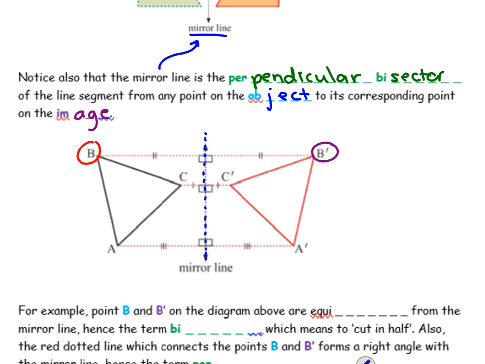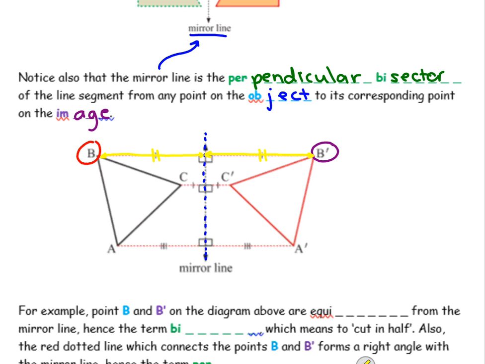Notice that each of these points are equidistant from the mirror line. That's what it's pointing out. See, it's got the dash on it. So it's saying that the red point, object point B, is an equal distance from the mirror line compared with the image point B dash from the mirror line. So they're equidistant. That's what that sentence above is trying to point out.